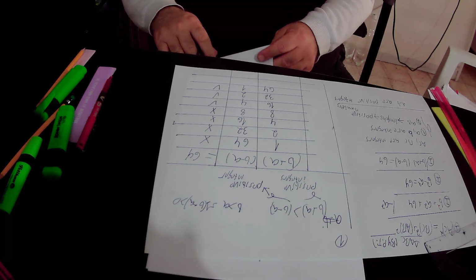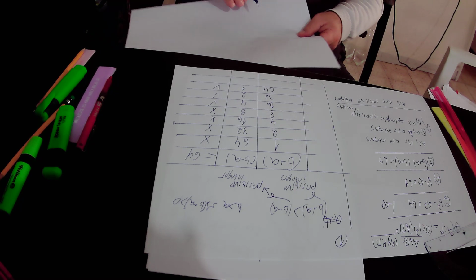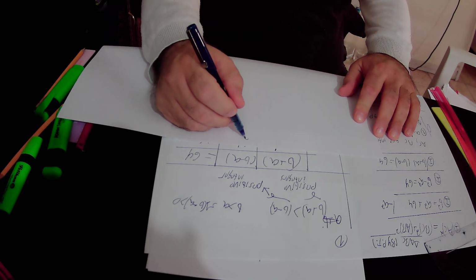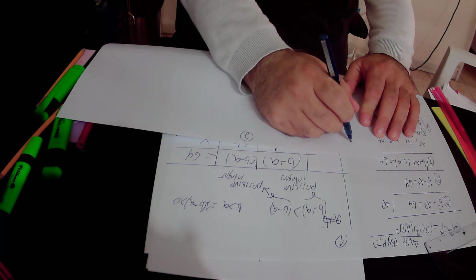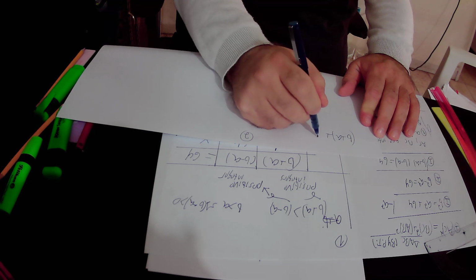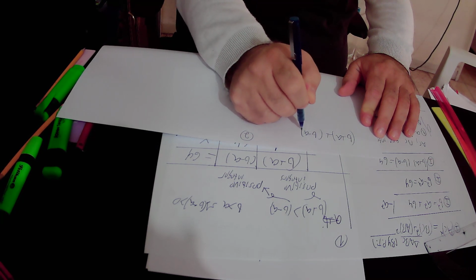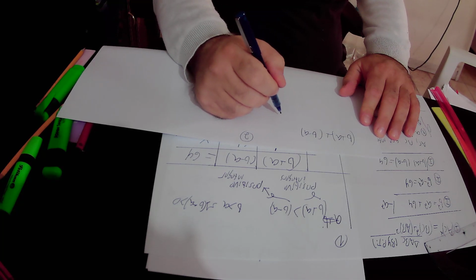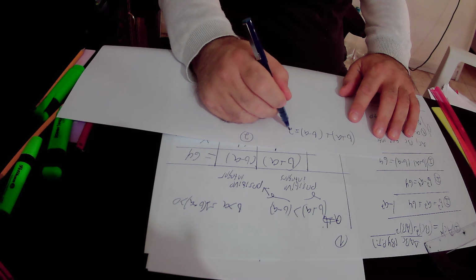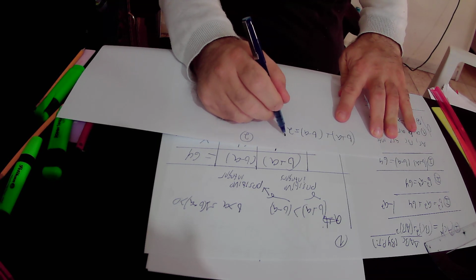So if we add b plus a to b minus a, we'll get b plus a plus b minus a. So b plus b is 2b and a minus a is 0.